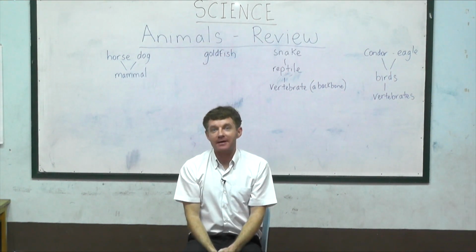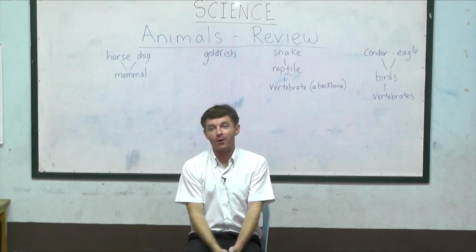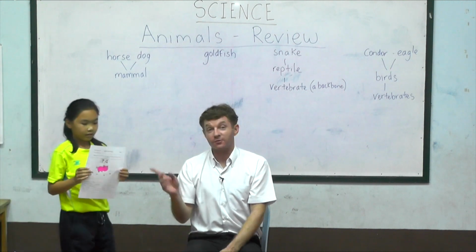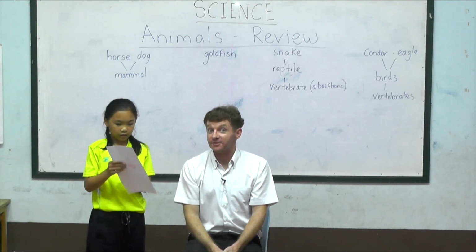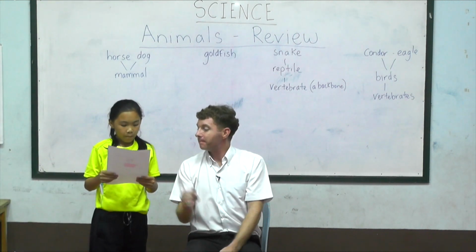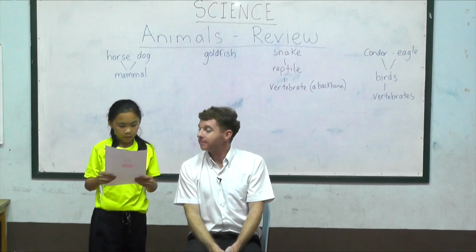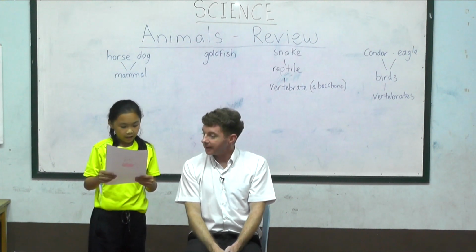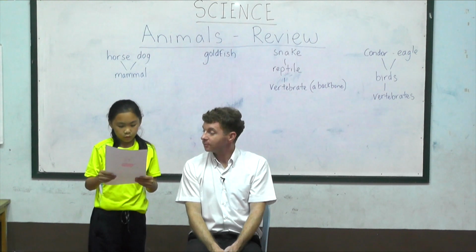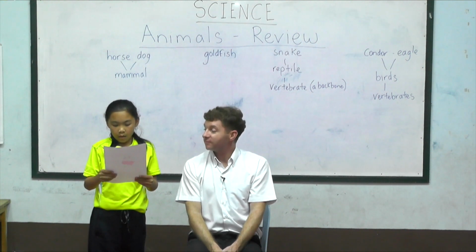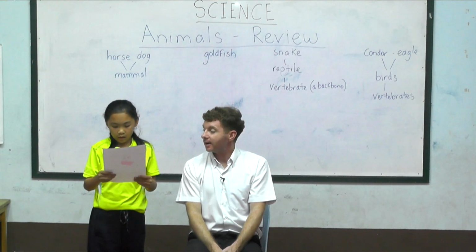And next, I would like to invite Nadia to the front of class. So Nadia, come and show us your animal. Okay, so Nadia has chosen and designed a pig. My animal is a pig. It belongs to the mammal family of animals.